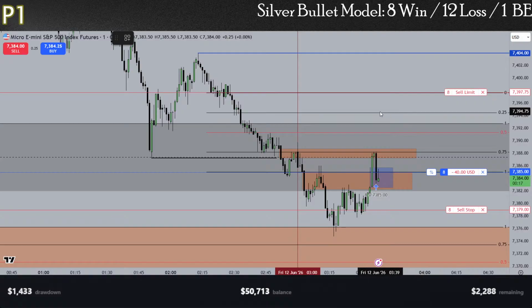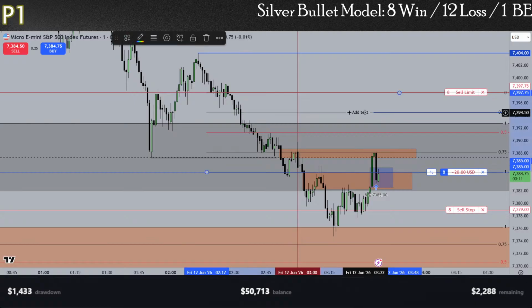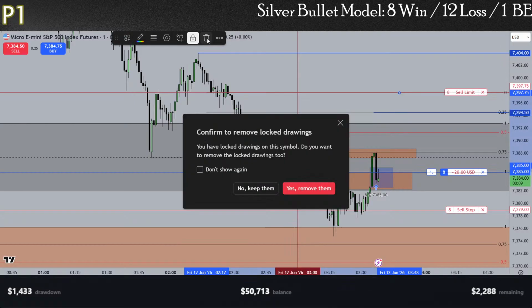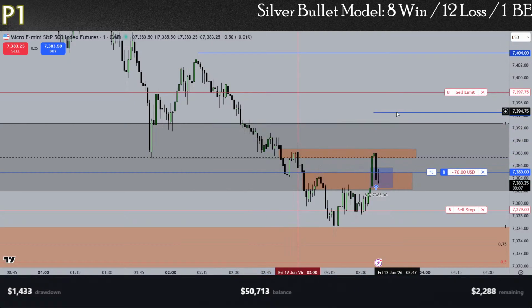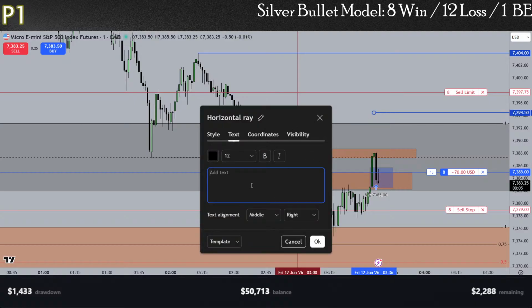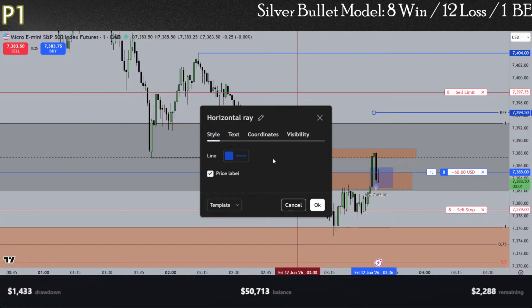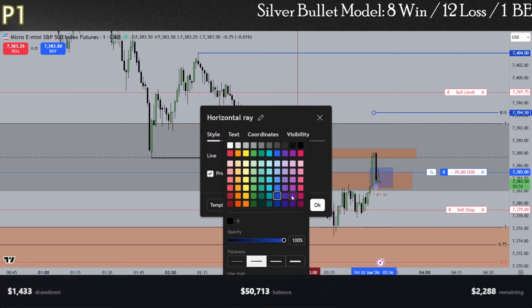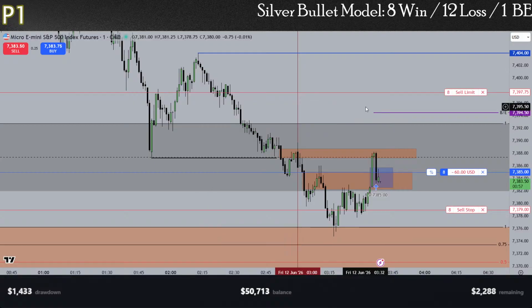And in this case, it will be here. So if price goes up there, then I'm moving my stop loss to break even.